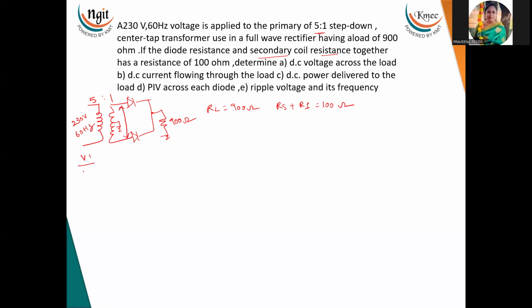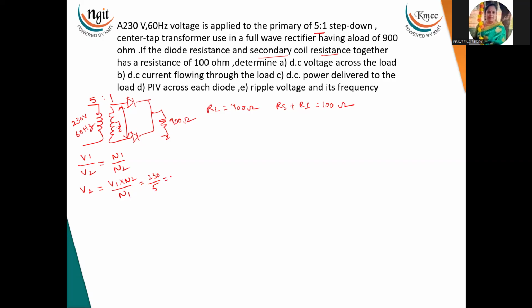That is V1 divided by V2, nothing but primary voltage divided by the secondary voltage is equal to primary turns divided by the secondary turns. From this, V2 is equal to V1 into N2 divided by N1, that is 230 divided by 5.